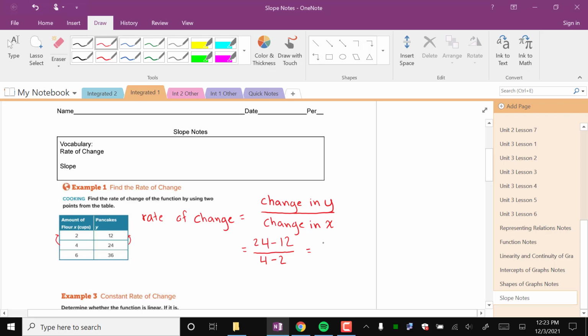Well, 24 minus 12 gives me 12, and 4 minus 2 gives me 2. I can simplify this a little more: 12 divided by 2 is 6. So the rate of change for this problem is 6.